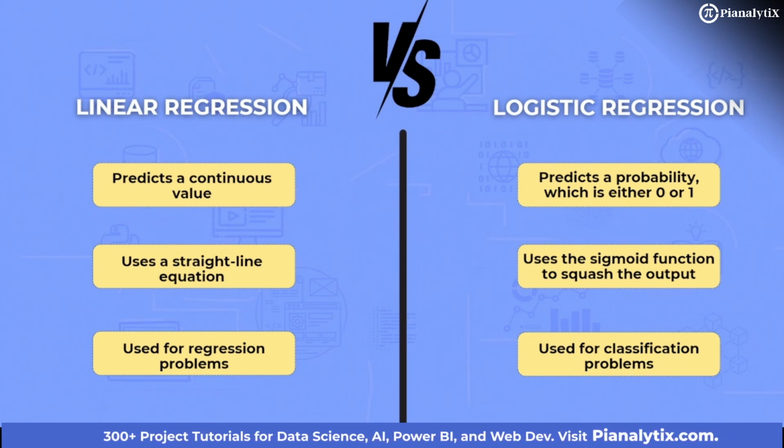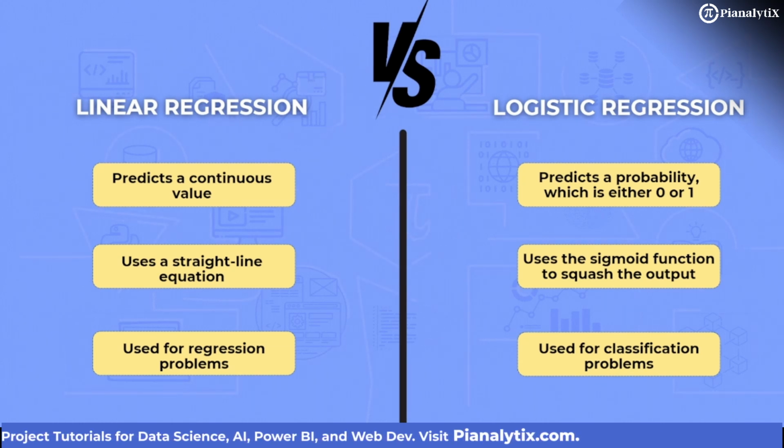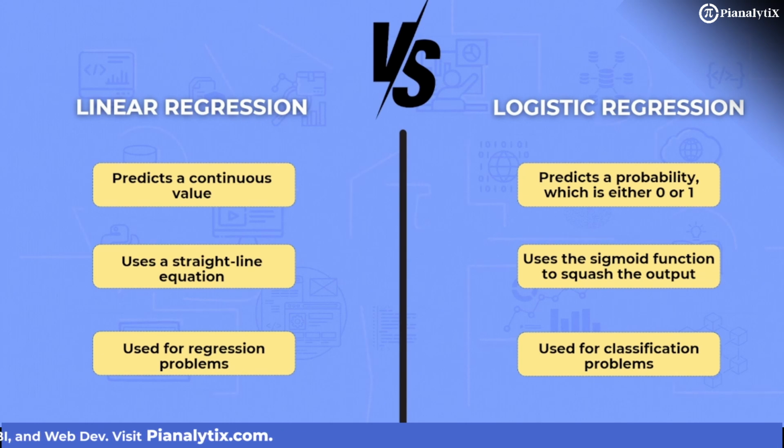Logistic regression predicts a probability, which is then classified as either 0 or 1. For example, it might predict a 75% chance that a student passes, which we classify as a pass. Second, linear regression uses a straight line equation, whereas logistic regression uses the sigmoid function to squash the output into a probability between 0 and 1.